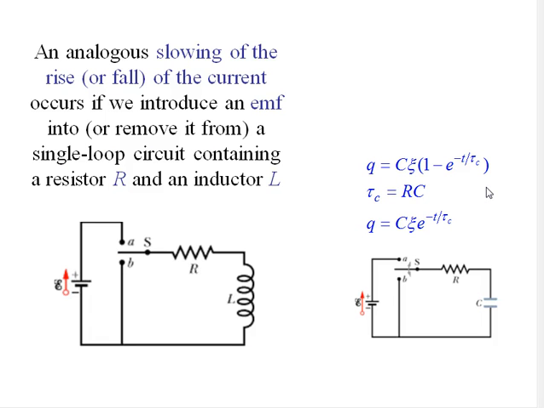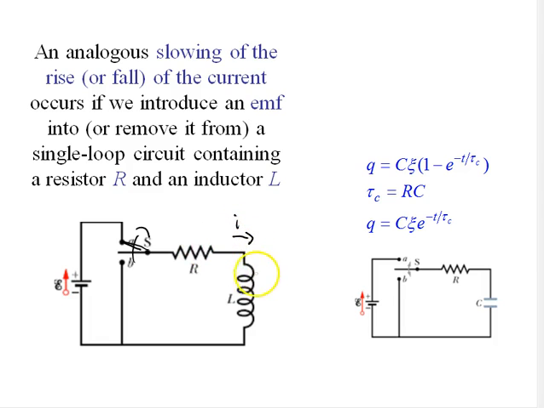So the analogy, or dual, of this is the slowing of the rise or the fall of the current flowing through the inductor when we introduce an EMF to the device. If we switch our switch such that we tie a battery in through the resistance and our inductor into a single loop circuit, we're going to increase the current that's going to flow through the device.